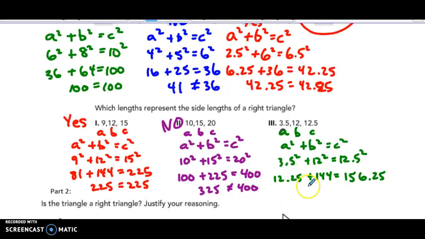When I add 12.25 plus 144, I get 156.25, and that does in fact equal 156.25. So we would say yes, these side lengths describe a right triangle because A squared plus B squared does equal C squared.